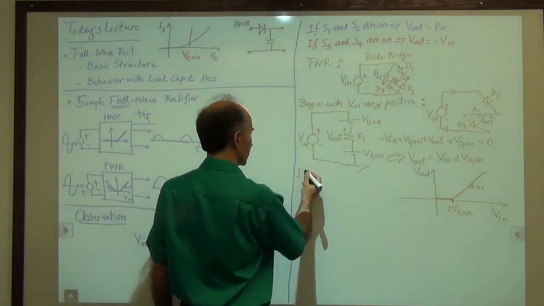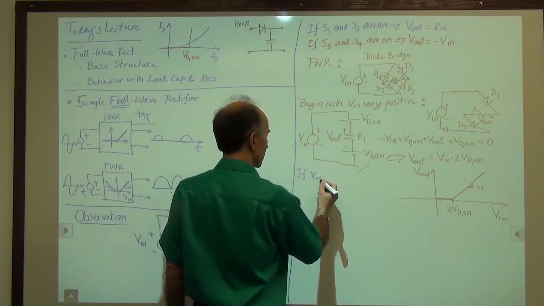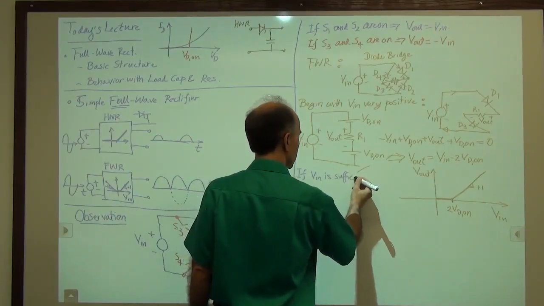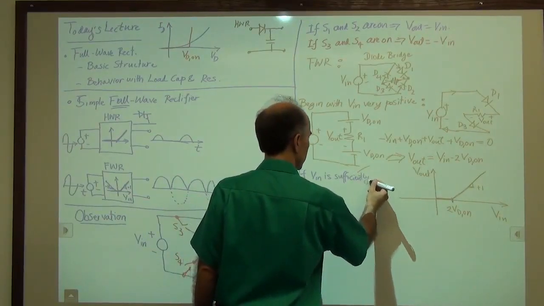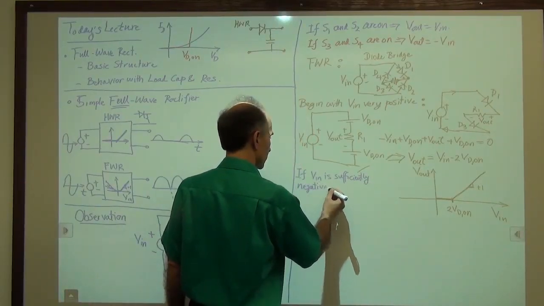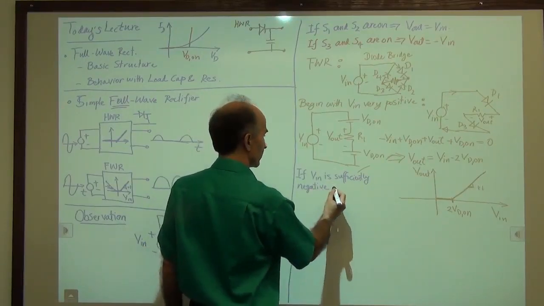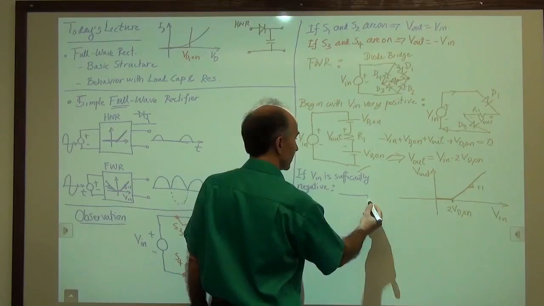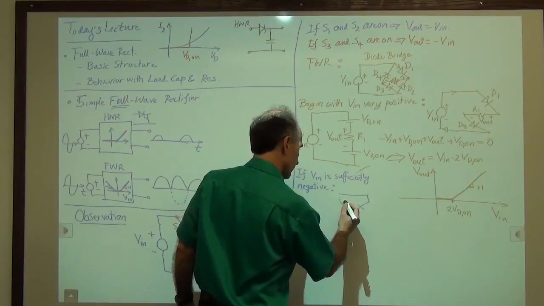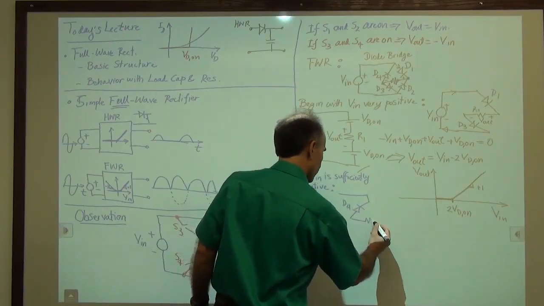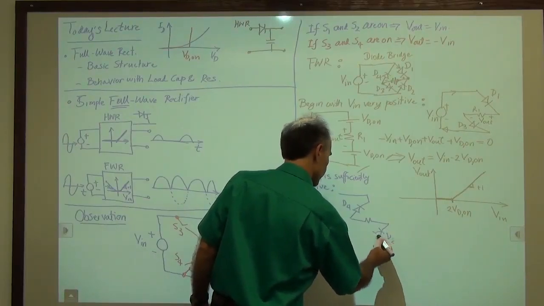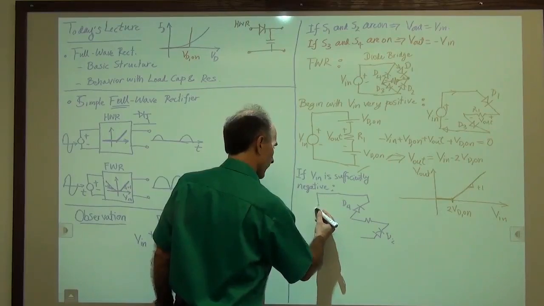So if V in is sufficiently negative, the circuit reduces to, we have D4 on, so D4 is here, then we have the resistor, then we have D2, and then we have our input.